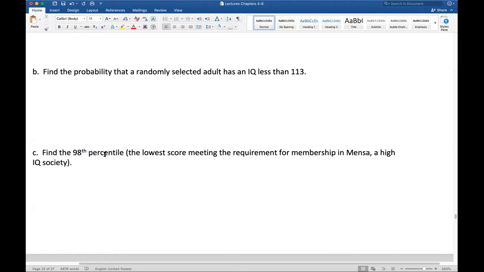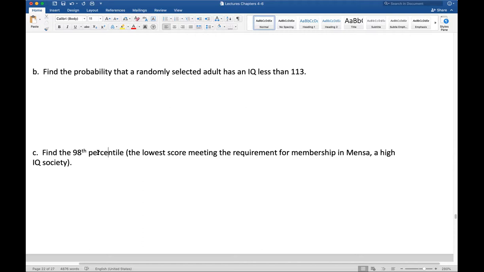What's the definition of percentile? The 98th percentile means the position of the data value is 98%.